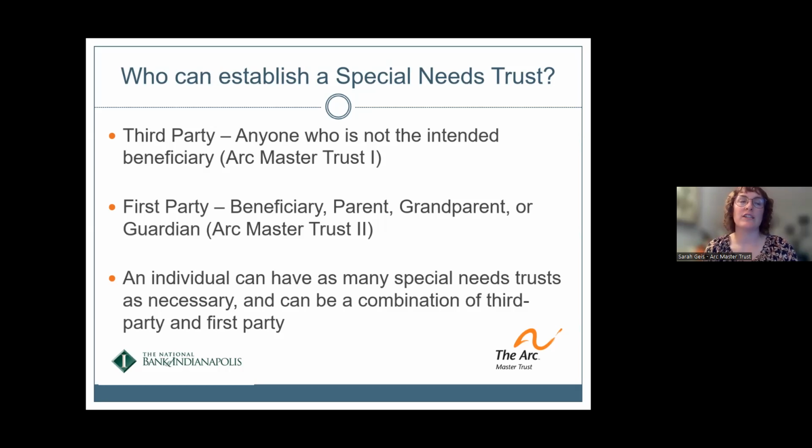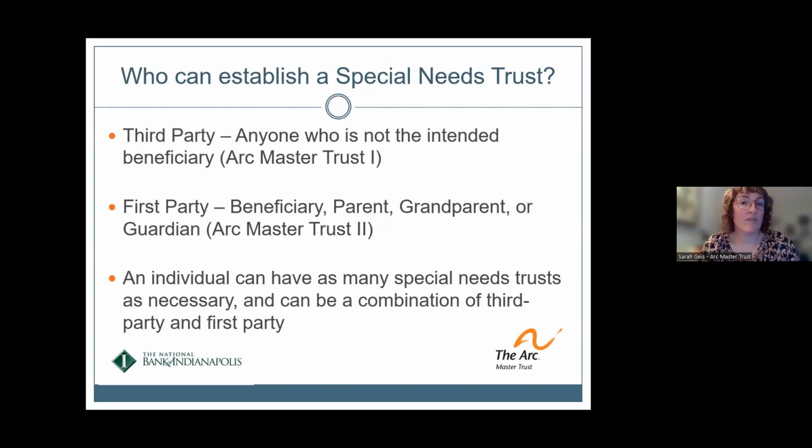If that person is just the representative payee, they are not able to establish that special needs trust. Social Security and Medicaid do not allow at this time a representative payee to establish a first-party trust for the benefit of that beneficiary.